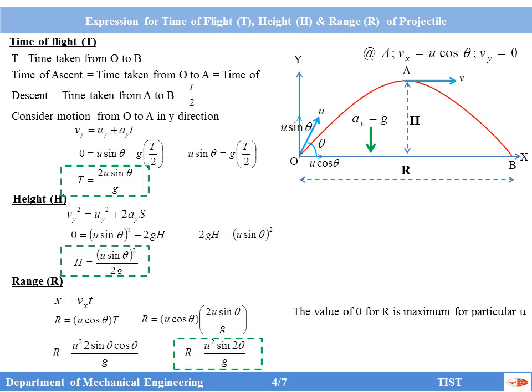R is maximum when sin 2 theta equal to 1. When sin 2 theta equal to 1 means 2 theta equal to 90 degree, right? 2 theta 90 degree means theta equal to 45 degree. Which means for a particular projectile motion, if you want maximum range, you should project the body at 45 degree. This is actually used in the javelin throw.